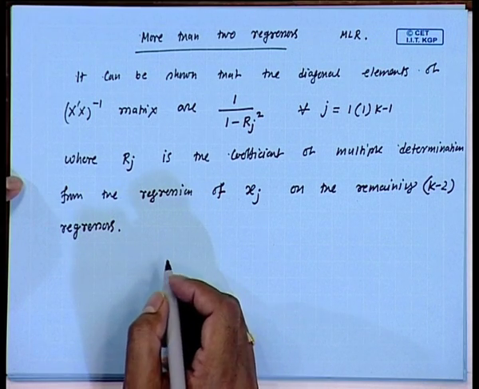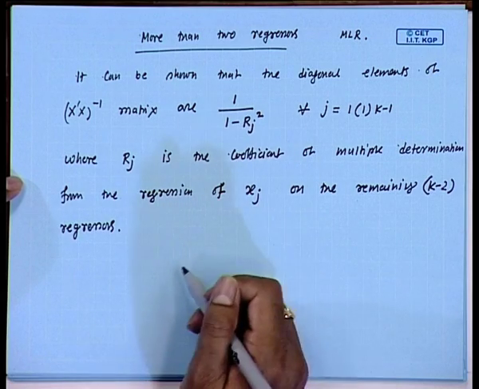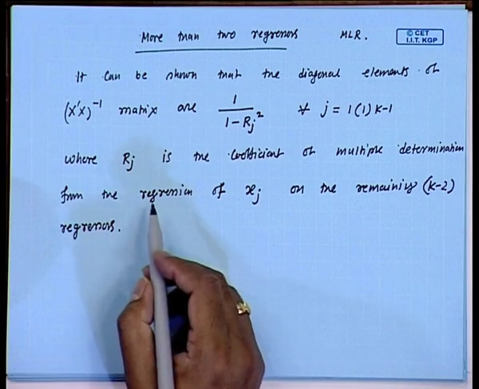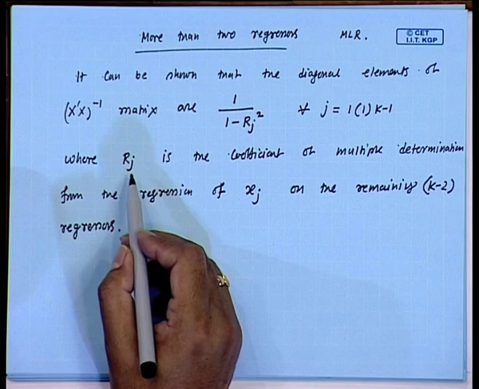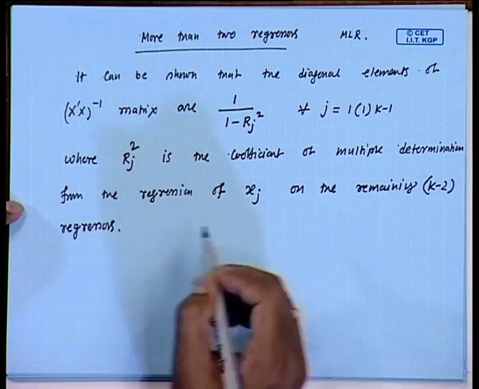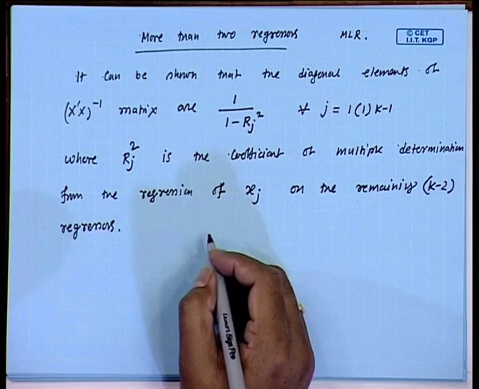Okay, I think I need to explain this here. Rj square is a coefficient of multiple determination.